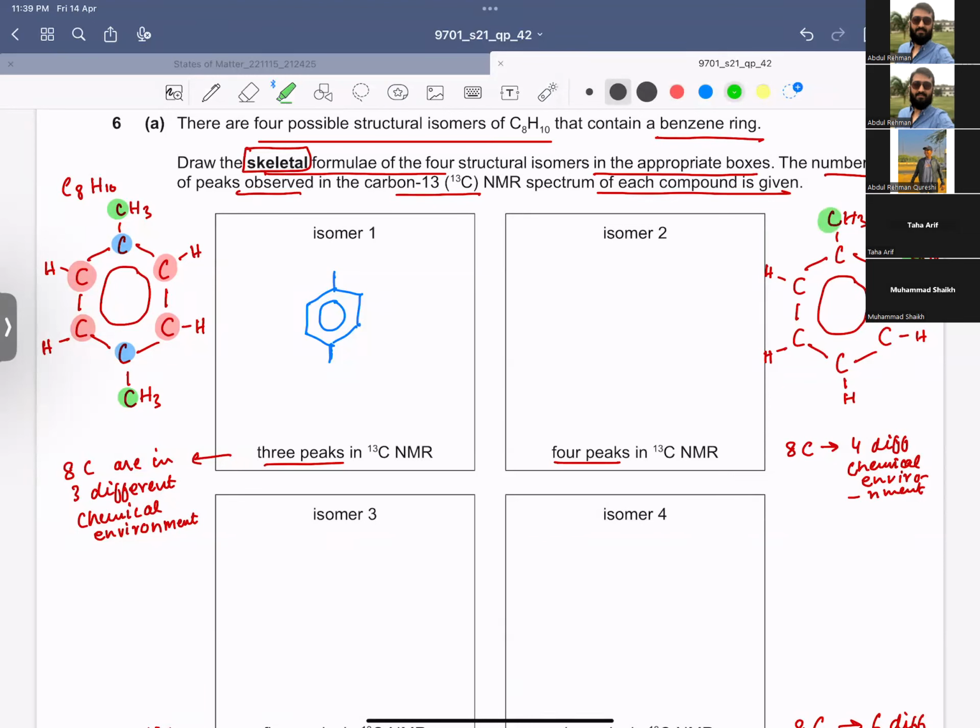These two have exactly similar environments. Then these two have exactly similar environments. Then these two, and these two also have exactly similar environments, right?